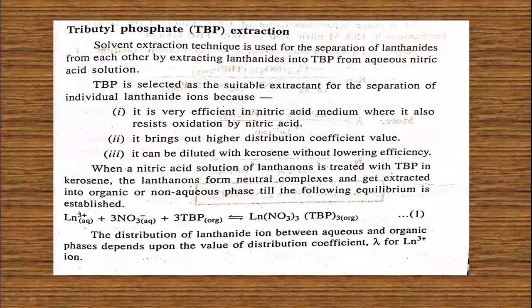Solvent extraction technique is used for the separation of lanthanides from each other by extracting lanthanides into TBP. Lanthanides have to be extracted into the TBP, tributyl phosphate, from aqueous nitric acid solution. It means that we have to take aqueous nitric acid solution here.